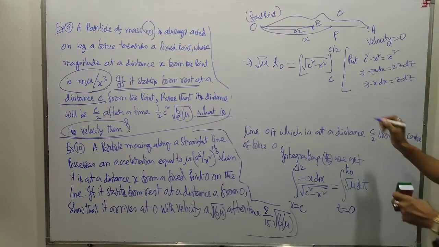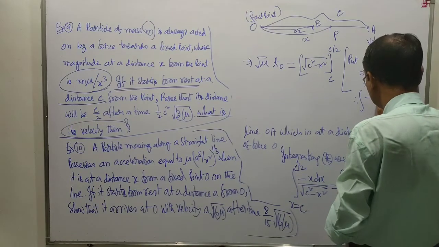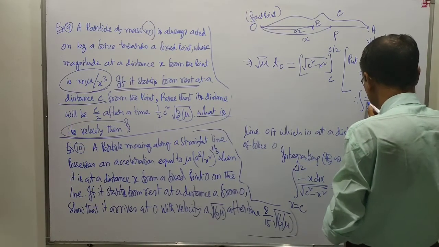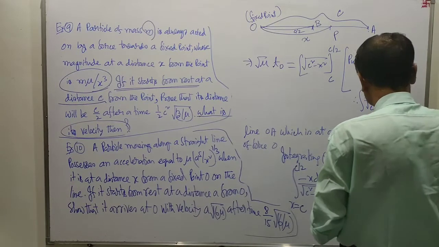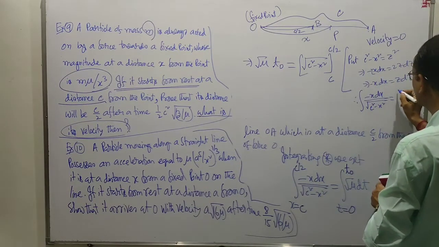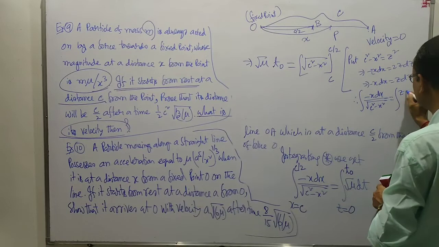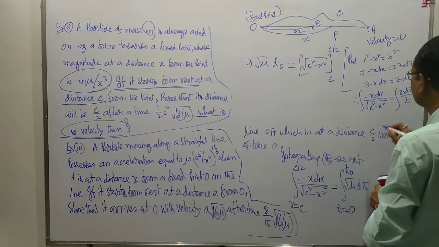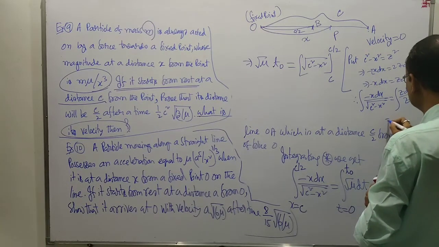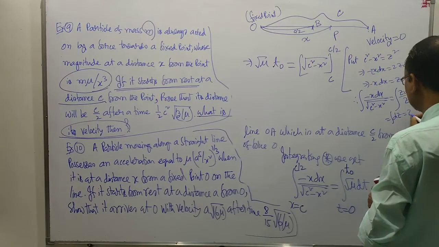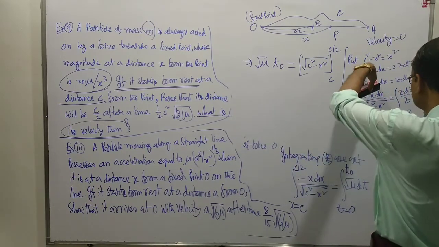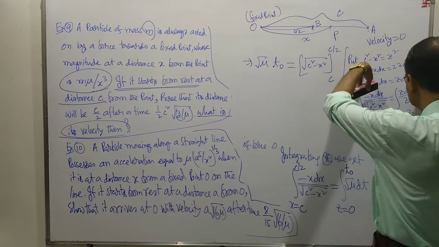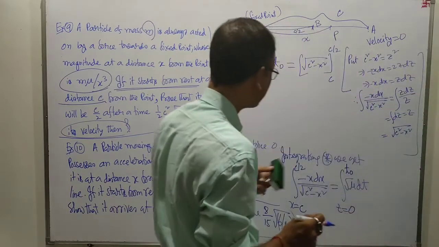Therefore, integration of minus x dx by root over c square minus x square will be equal to integration of dz, which is z. What is z? Z is equal to root over c square minus x square. Simply, you may write this.